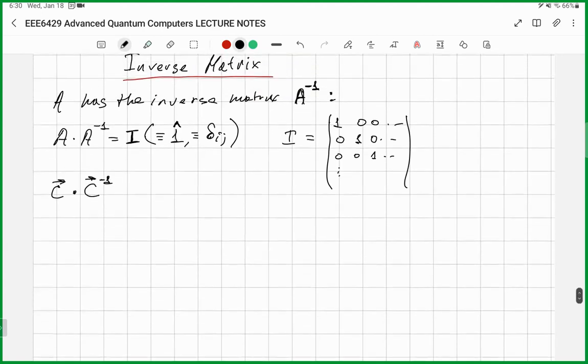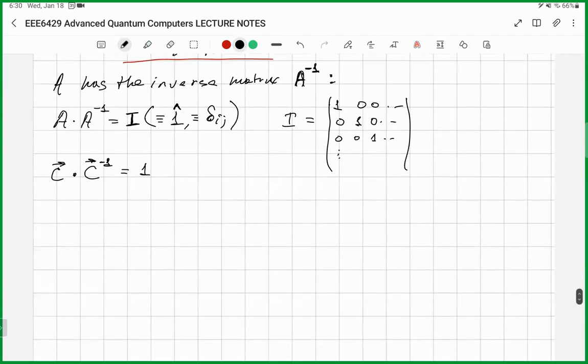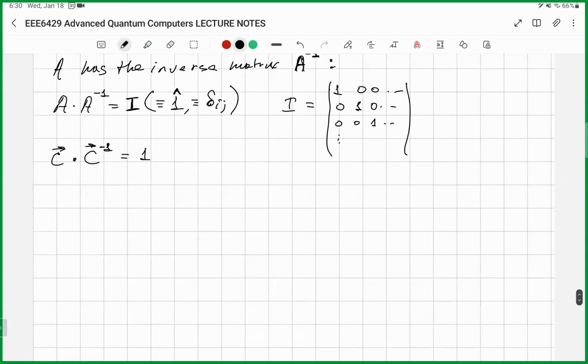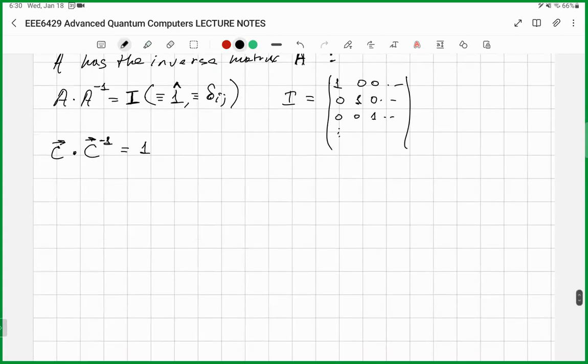So this is the inverse vector. And I imply that this result must be equal to 1. So this is a scalar product, so the result is scalar, so the result is 1.